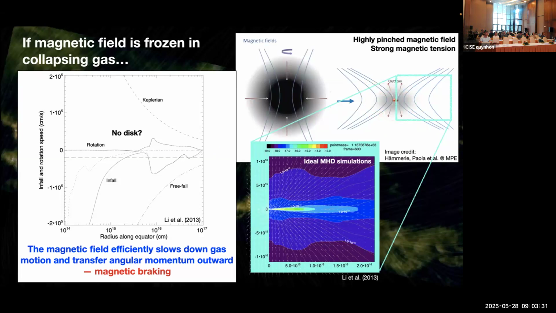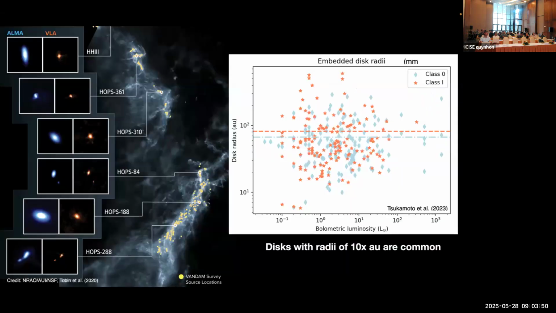In such a case, simulations show that if the magnetic field is frozen in the gas, basically the ideal MHD limit, it can be so efficient that no disk can form. So now the question is, what's the mechanism to regulate this process such that it can produce this kind of disk population as we observe in our universe.